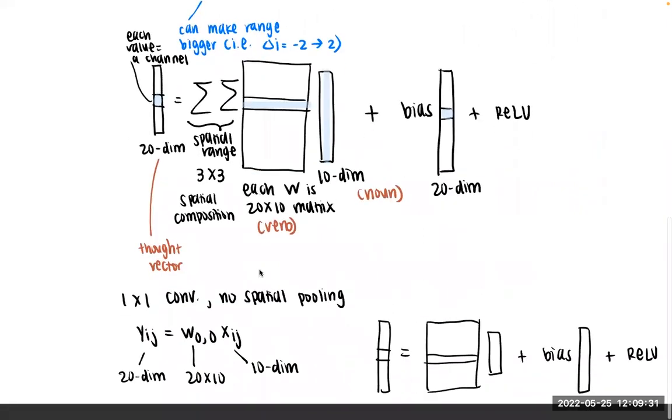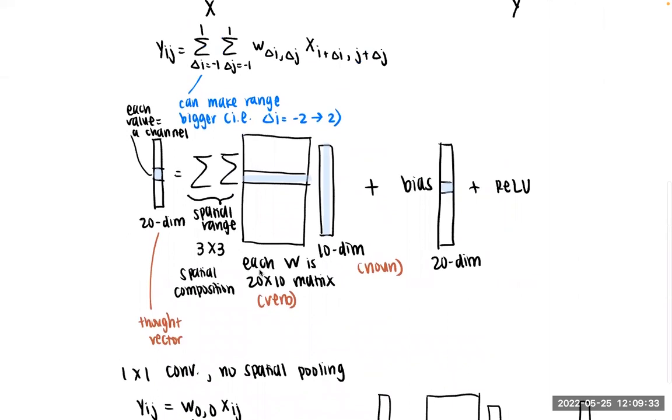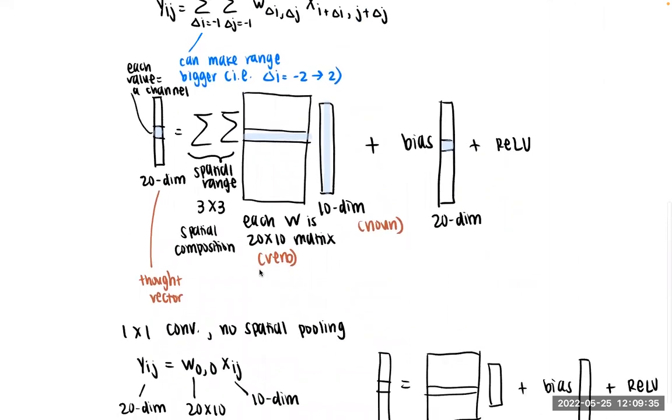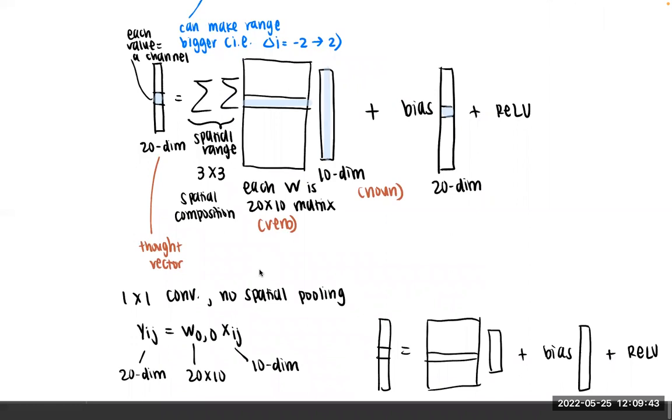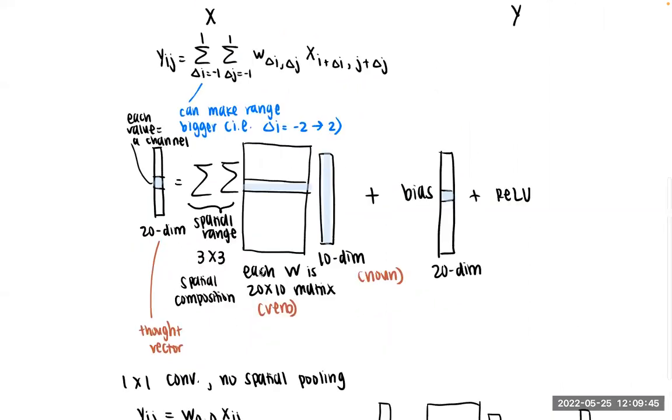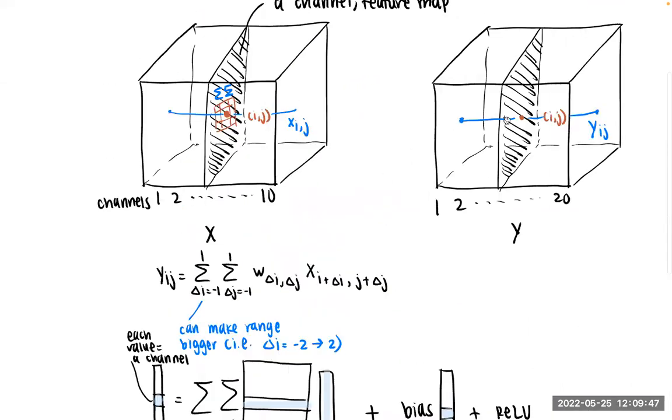And also this vector notation makes it easier to think about the so-called one-by-one convolution. In this one-by-one convolution, we do not have spatial extent, so this vector Yij is not a composition of these 9 vectors.